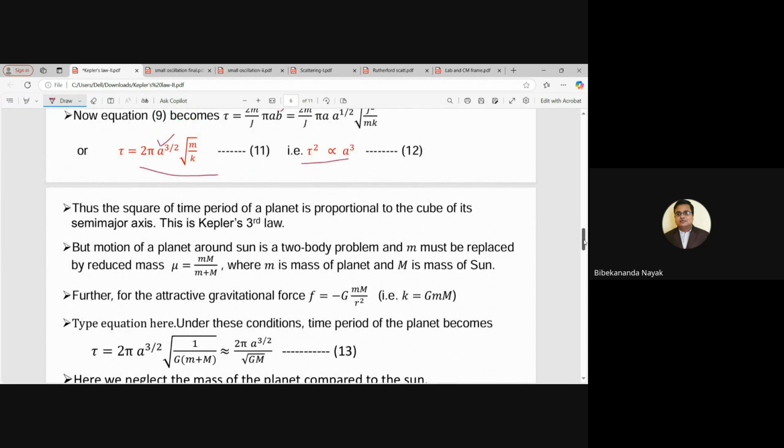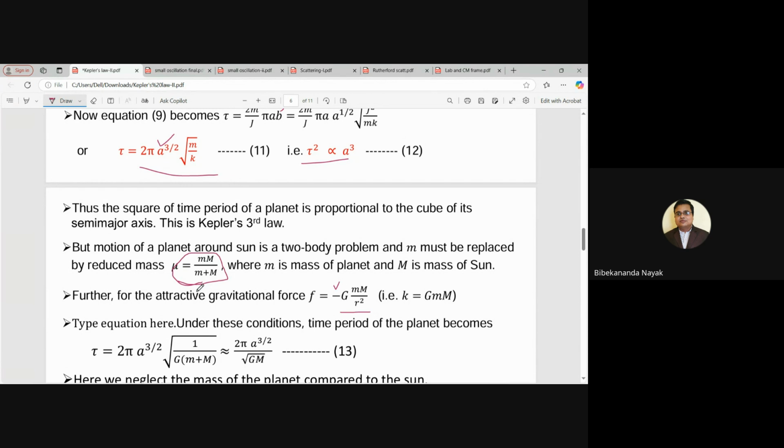If we consider the exact motion of the planets around the sun, it is a two-body problem, because one planet is moving around the sun. We can also use the reduced mass concept, where reduced mass is equal to mM by m plus M, where small m is the mass of the planet and capital M is the mass of the sun. Again, we know the attractive gravitational force between planet and sun is equal to minus GMm by r squared. The actual sign is minus, because minus is for attractive.